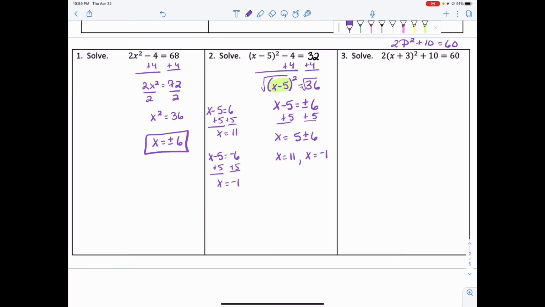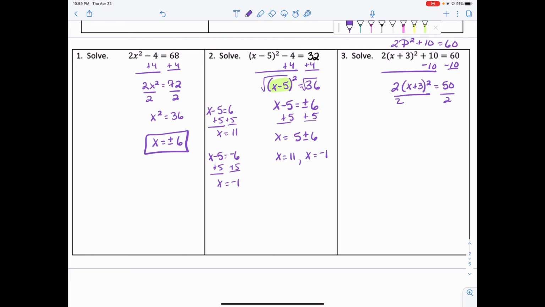If I were trying to get that p by itself, those parentheses by itself, then it's a little easier to see that we should subtract 10 from both sides first. So we're going to subtract 10 from both sides, and that's going to leave us with 2 times the quantity x plus 3 squared equals 50. Again, if that said 2p squared equals 50, it might be a little easier to see that we need to divide both sides by 2.